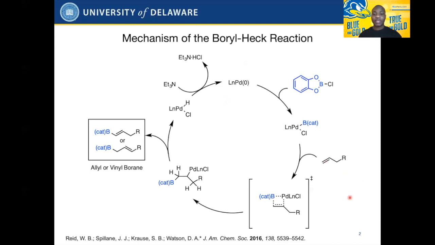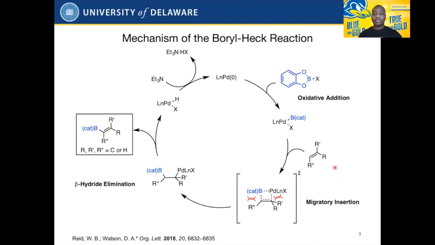A closer look at the migratory insertion step shows that when multi-substituted alkenes are used as starting materials, there is increased steric repulsion during the migratory insertion step, showing that multi-substituted alkenes are poor substrates for Heck-like reactions. And if these alkenes were compatible with similar Boryl-Heck reactions, we should be able to achieve multi-substituted vinyl boronic ester products using this same strategy.